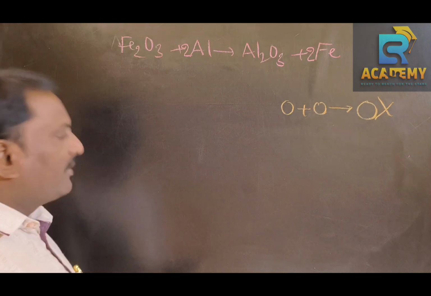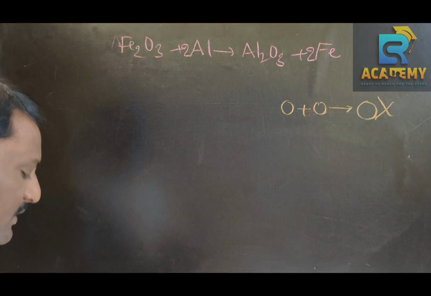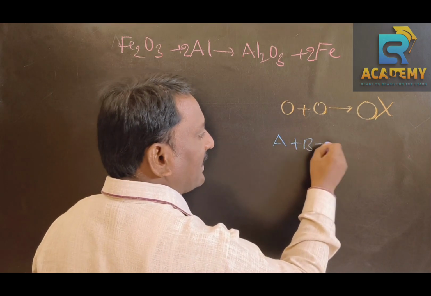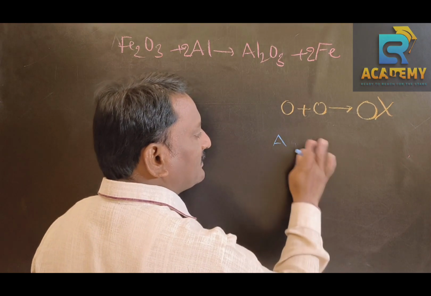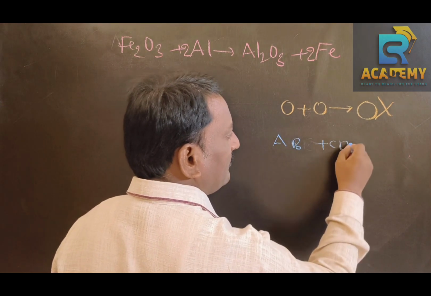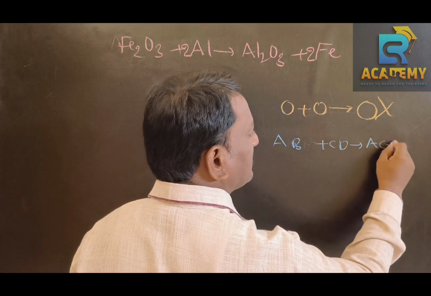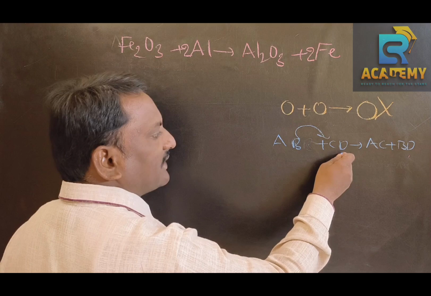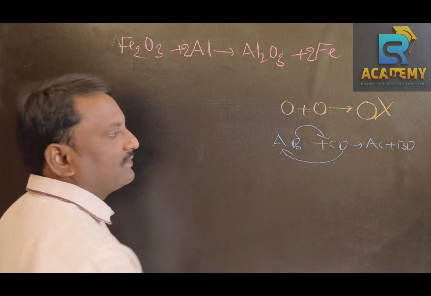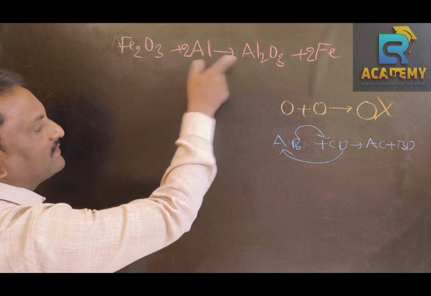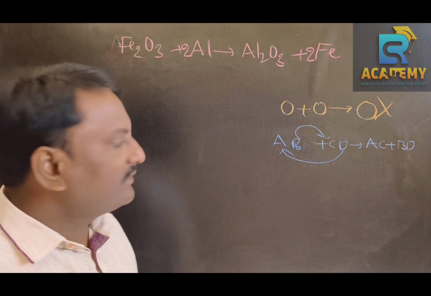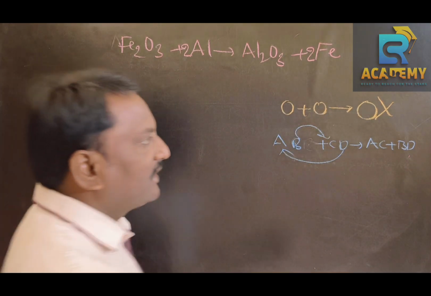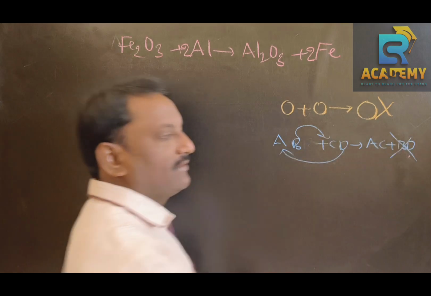Next, double displacement reaction. In a double displacement reaction, two reactants react and give products by exchanging their ions. But here there is no exchanging of ions taking place, so it's not a double displacement reaction.